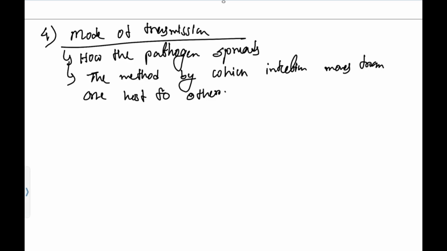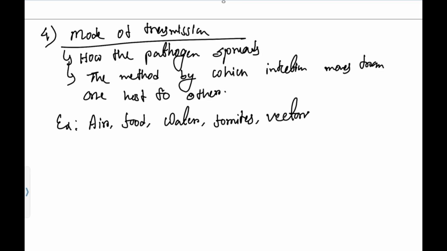If a microorganism has already come outside, it will now spread and transfer to other persons. For that it needs some vehicle. That vehicle can be air, food, water, any kind of fomites, or vectors. Those are all examples of indirect modes of transmission. Understood?